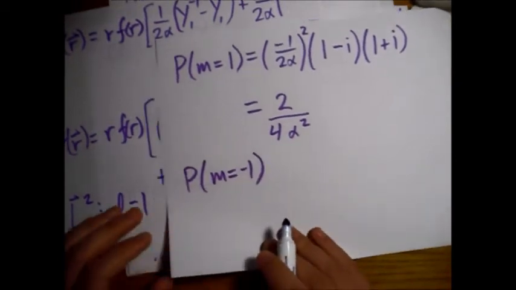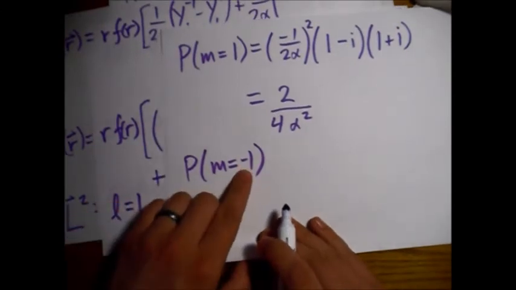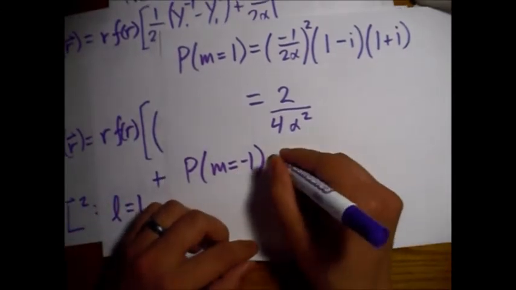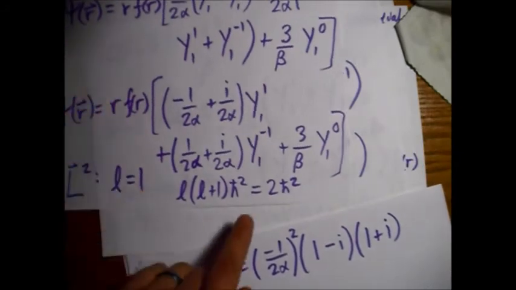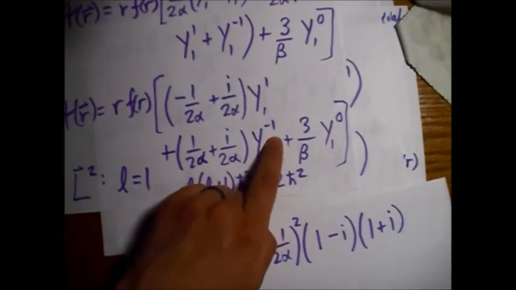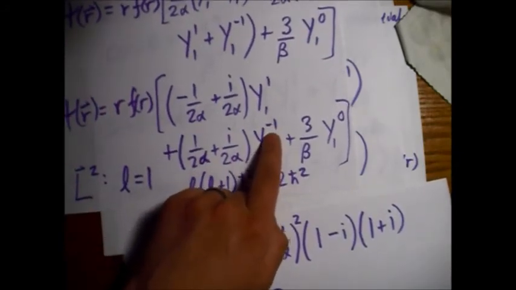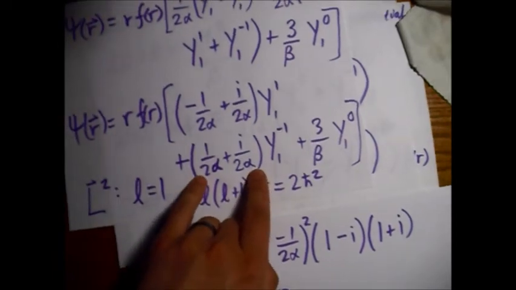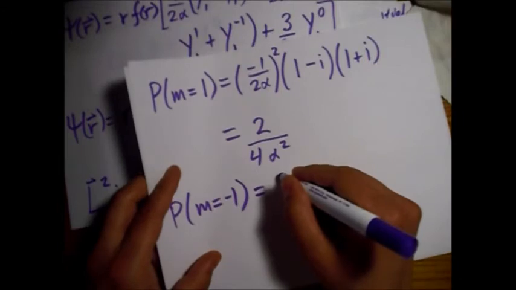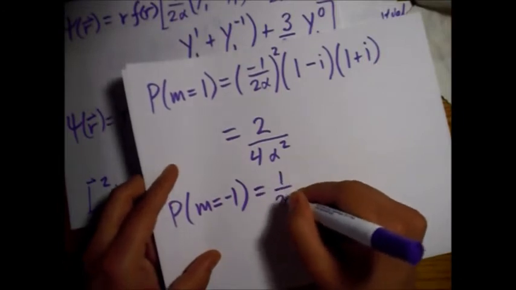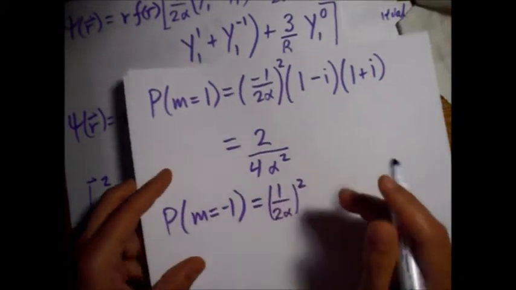What's the probability of getting an m equals -1? Well, we go and we look at our coefficient. Here's the -1, l m. So we look at this coefficient, norm squared, and we're going to factor out a 1 over 2 alpha again.